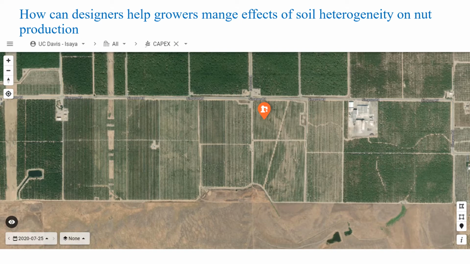If you look at this block, for example, where we had these light soils, the blue, we go back one, you'll see that the light canopy here corresponds to the light soils, and the heavy canopy or the dark green here corresponds to where we had the nice heavy soils, and this is true in all these different orchards as well.